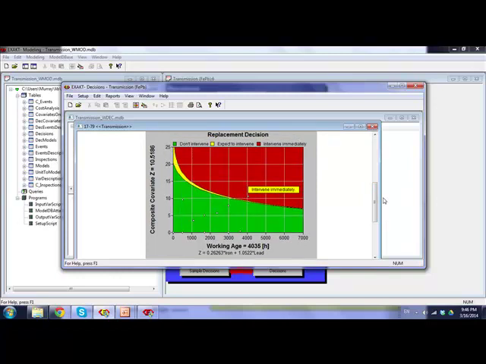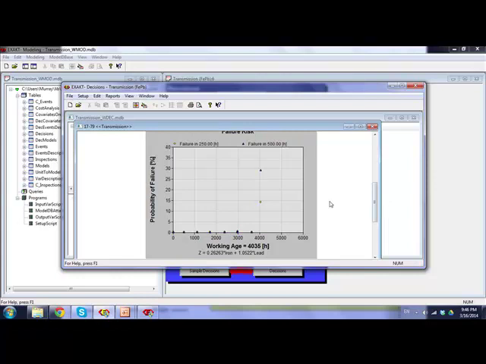The failure risk graph indicates a 15% probability of failure in the upcoming 250 hours, or a 30% probability of failure in the upcoming 500 hours of operation.